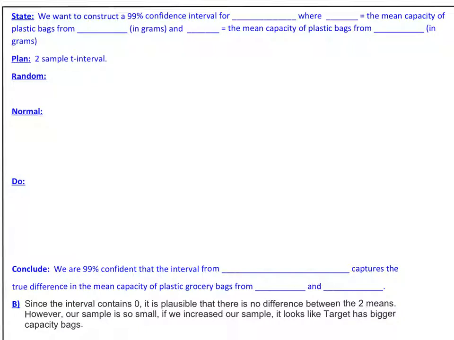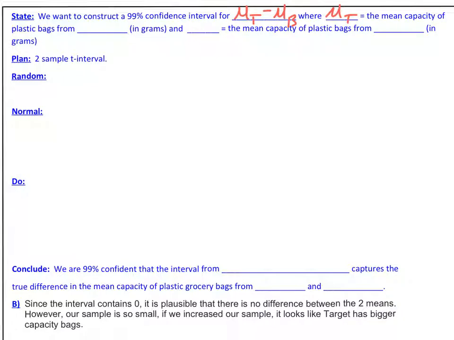Our interval is going to be for mu sub t minus mu sub b. Looks like I'm going 99% confidence.